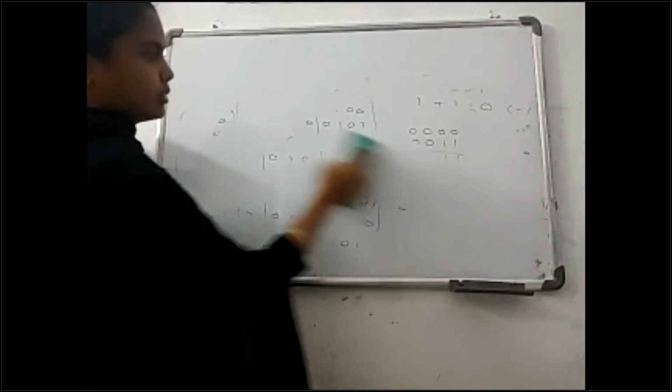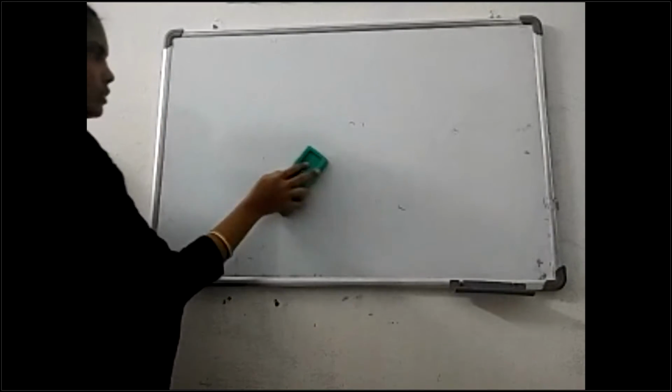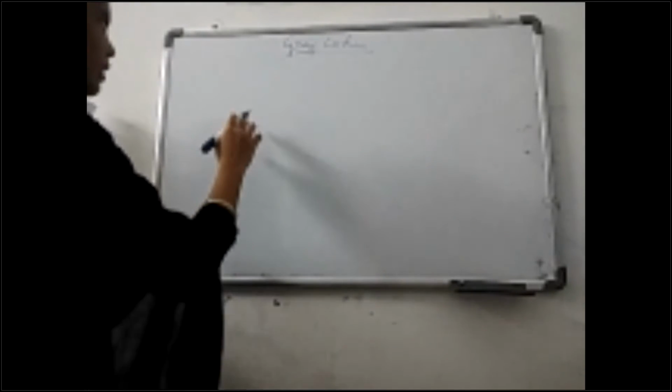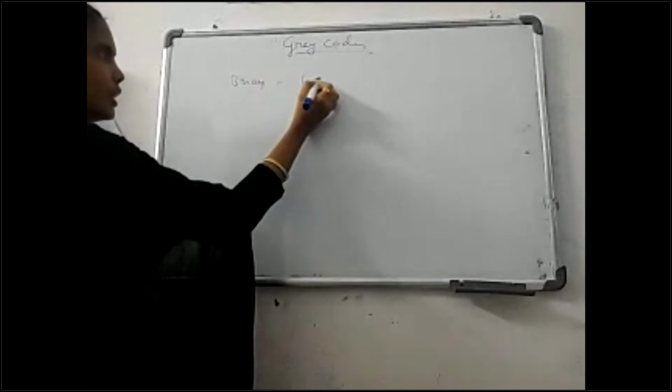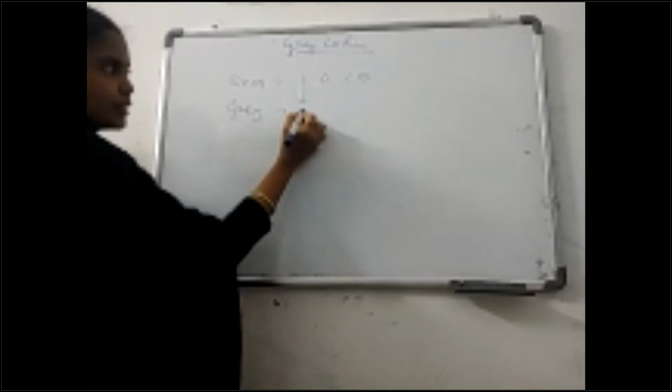Gray codes. So what do Gray codes mean? A Gray code is a code in which only 1 bit changes between successive values. For example, I'm taking a binary code as 1010 and converting it to Gray code. First, you write the first bit as it is, 1.